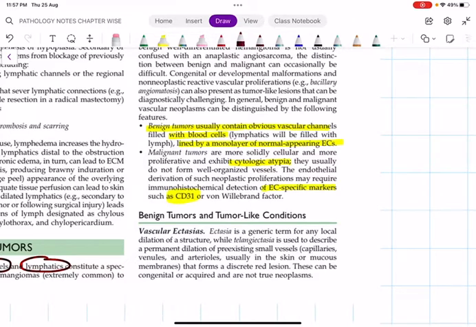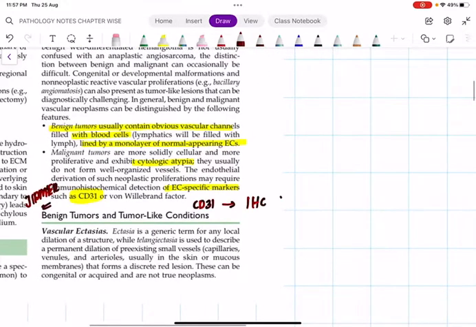So this can be asked as a potential MCQ question, and this has been asked in JIPMER a few years back. CD31 is the immunohistochemistry marker, IHC marker for malignant tumors of vessels.